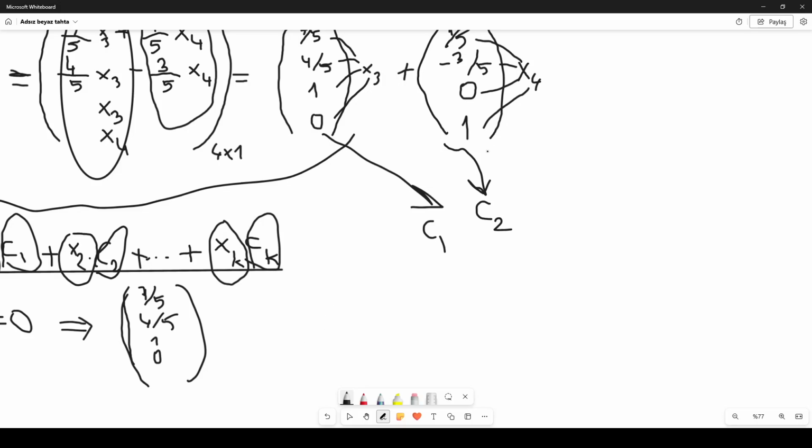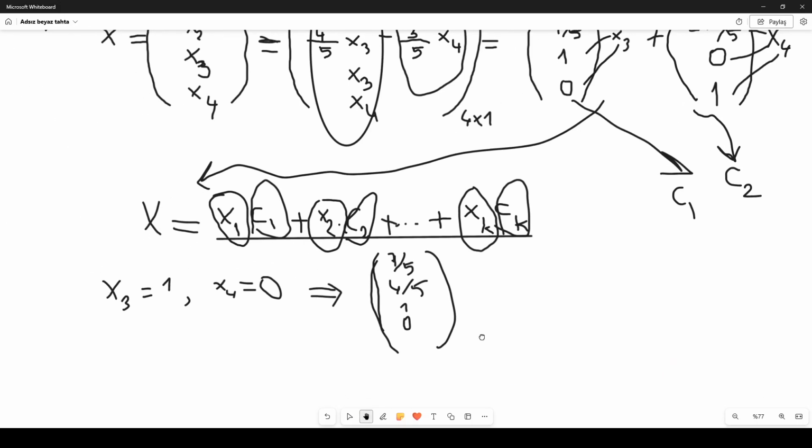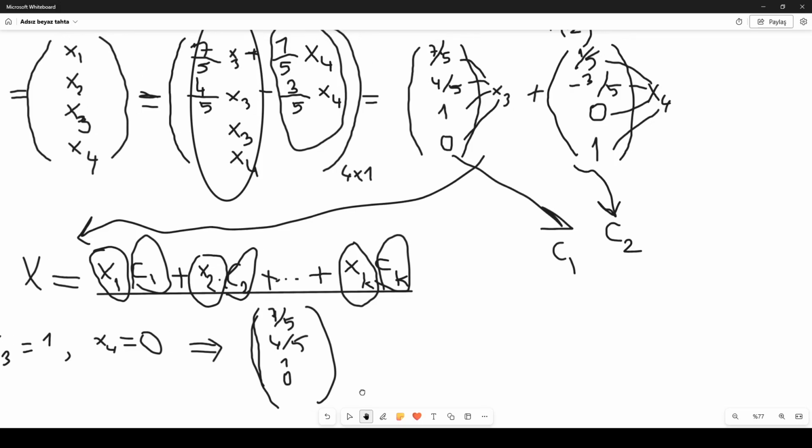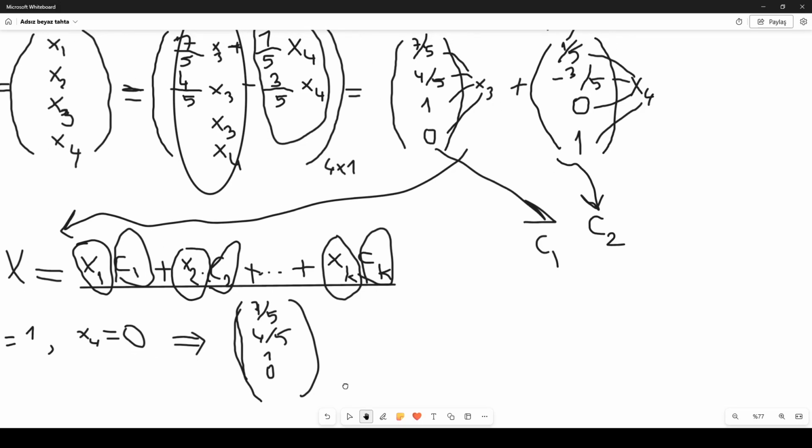Conversely, in this case I take x3 equal to 1 and x4 equal to 0. I could have done it the reverse way. So I could have taken x4 equal to 1 and x3 equal to 0. Then what do I get? Another particular solution.